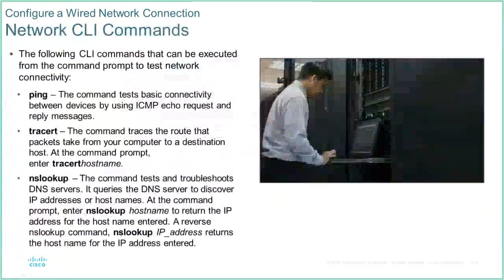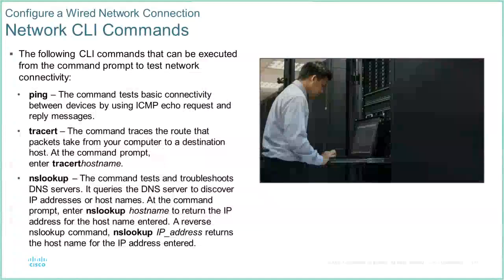Command line commands that we use for checking that things are working correctly: ping, which we've all talked about before, traceroute, and nslookup. These are different ways of getting information and testing that you can resolve information.